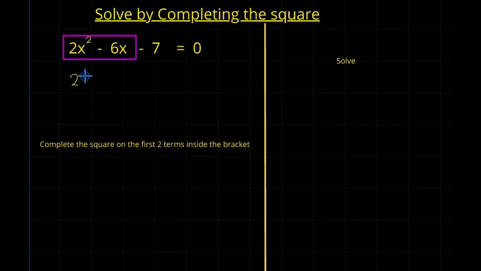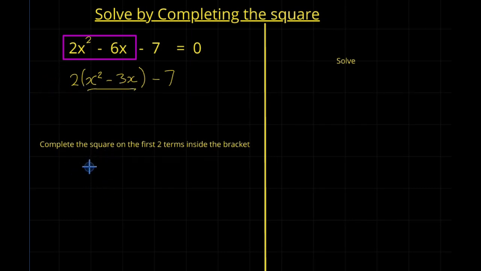So we've got 2 lots of x squared minus 3x. As I say, I have not completed the square. Okay. Now then, I'm going to complete the square for the two terms inside that bracket. Okay. So let's go down and complete the square.